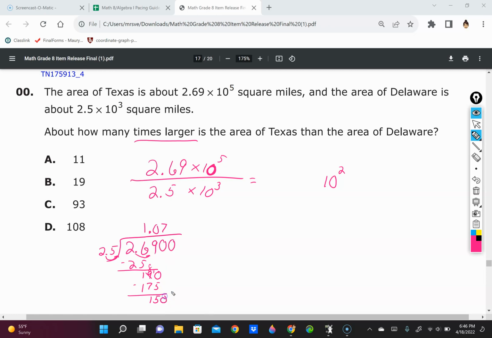Add another 0, bring it down. 25 will go into 150 6 times. So we got about 1.076 times 10 to the second power. But all your answer choices are not in scientific notation. So we're going to move that decimal over 2 places to give us about 107.6, which is about 108.